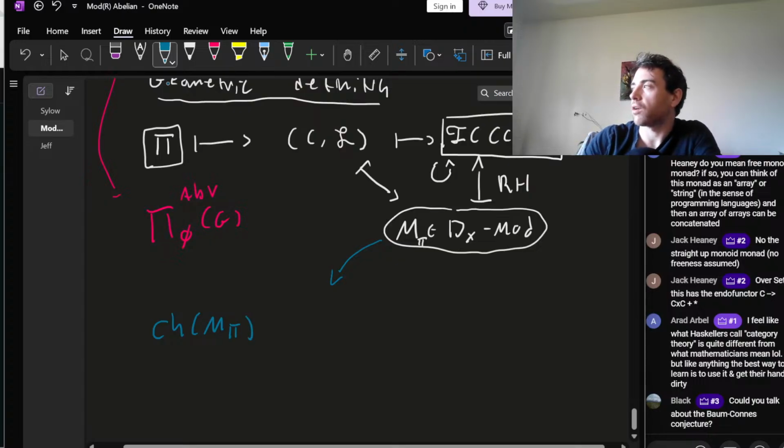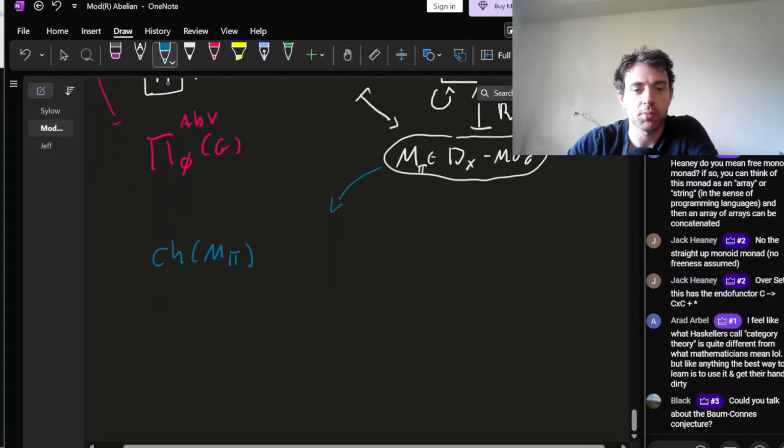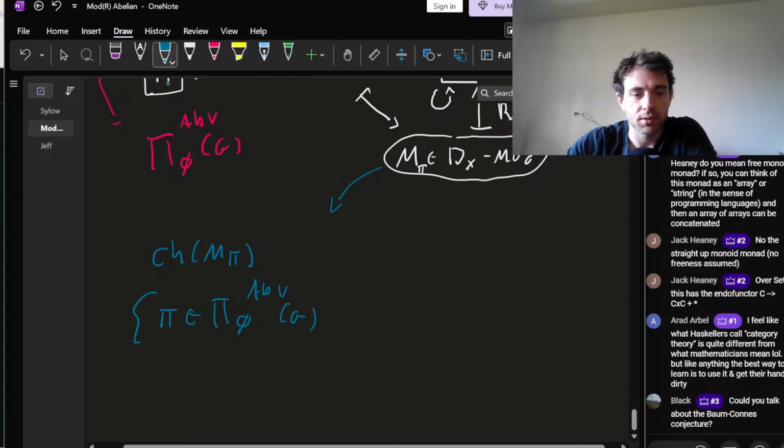I have to double check exactly when this is, but the condition has something to do with, I'd have to go back and review exactly what it is, so pi will be in the ABV packet.